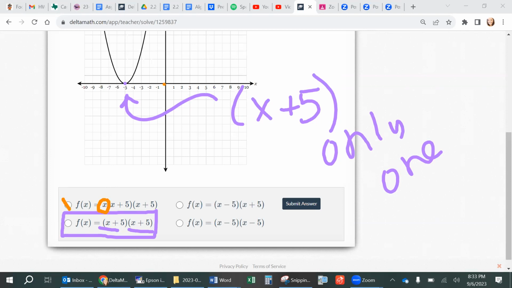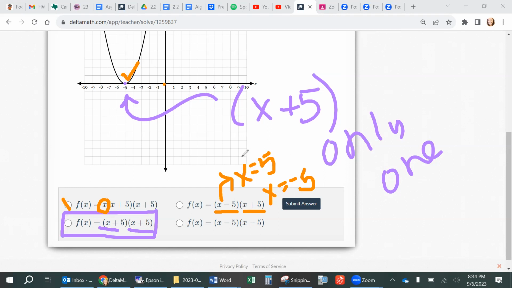That eliminates it. For this one, I have the X + 5, but I also have an X -5, which means that I should get an X equal to -5 from the first one and an X equals 5 from the second one. Now, when I look at the graph, I do have the -5, check.